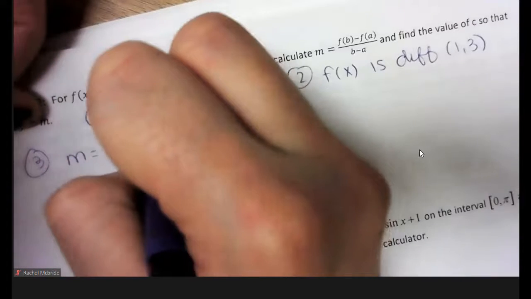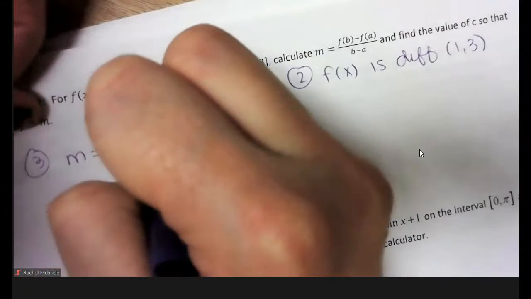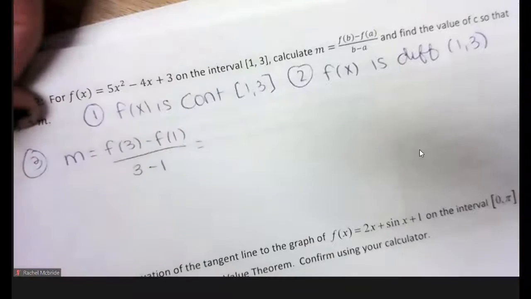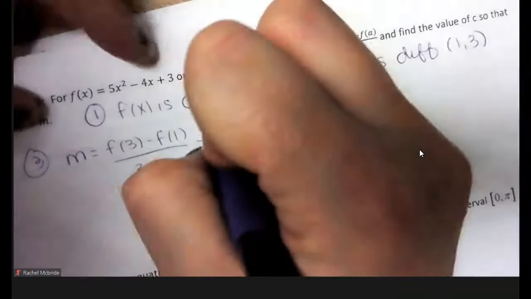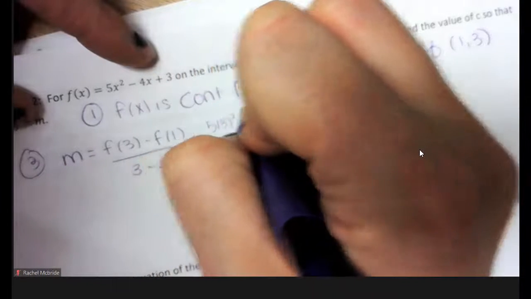Part 3, we want to find f of b minus f of a over b minus a. So we're going to find f of 3 minus f of 1 all over 3 minus 1. So f of 3 in this case is 5 times 3 squared minus 4 times 3 plus 3, minus 5 times 1 squared minus 4 times 1 plus 3, all over 2.